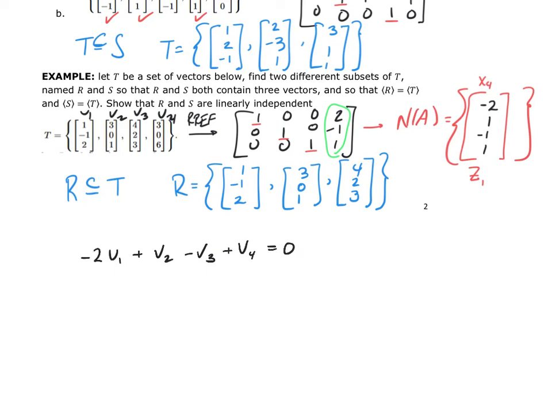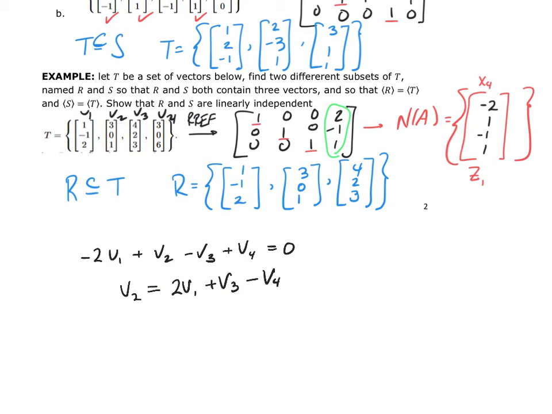If I rearrange it, and I can rearrange any of them I want, I'm going to solve for V2. So V2 is going to be a linear combination: 2 V1 plus V3 minus V4. So that is a linear combination.